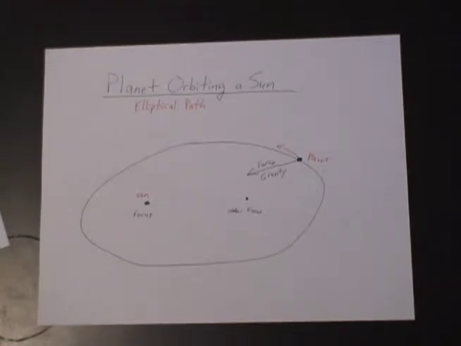Here the sun's located at the focus of the ellipse. A focus is simply one of the 2 points, one of the 2 foci that define an ellipse. The sun is located at one focus, and you can see the planet has a gravitational force that's pulling it towards the sun, which sends it into this elliptical orbit.